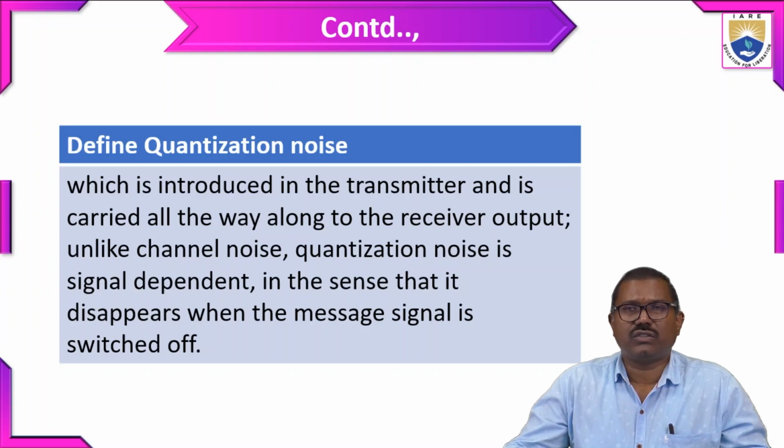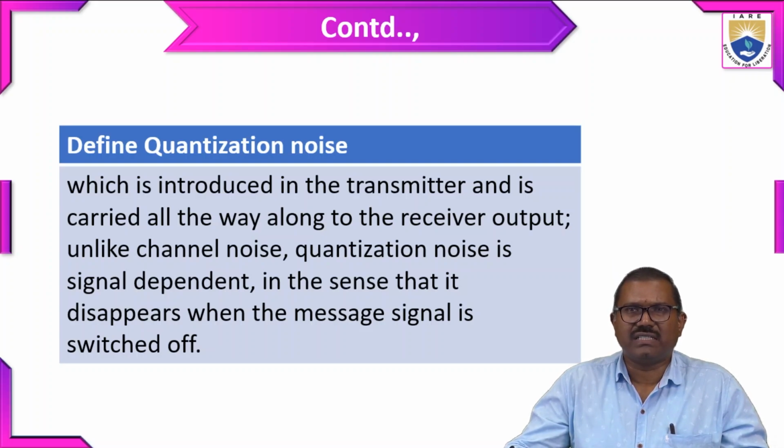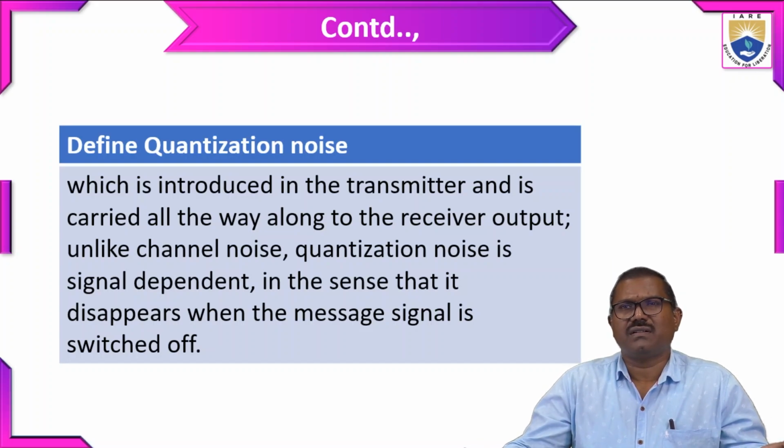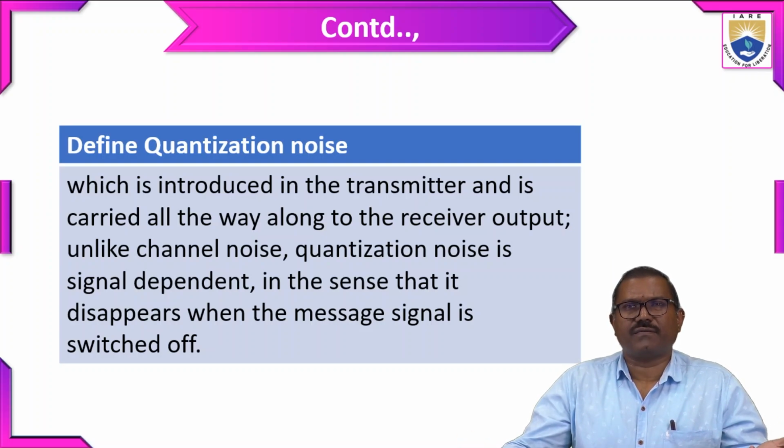Now define quantization noise, which is introduced in the transmitter and is carried all the way along to the receiver output. Unlike the channel noise, quantization noise is signal dependent in the sense that it disappears when the message signal is switched off. Without the message signal, there is no use of modulation or communication.